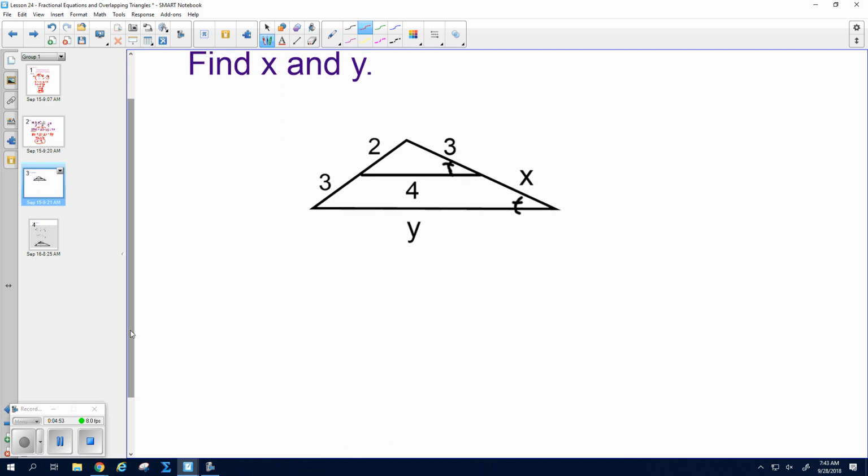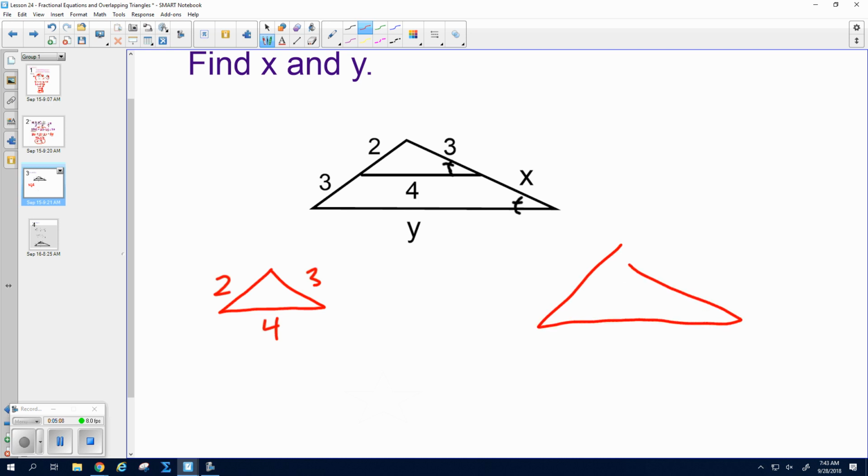All right, if you wanted to draw these as 2 separate triangles, sometimes that helps people see the little one right here would be 2, 3, 4, right? That's this guy right here. And then if I draw the big one, this side is y.